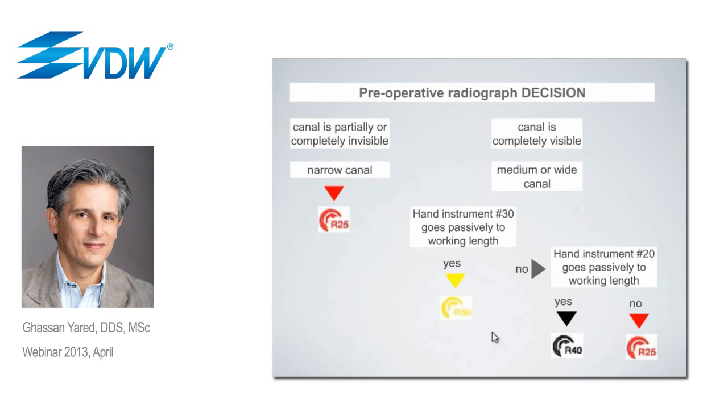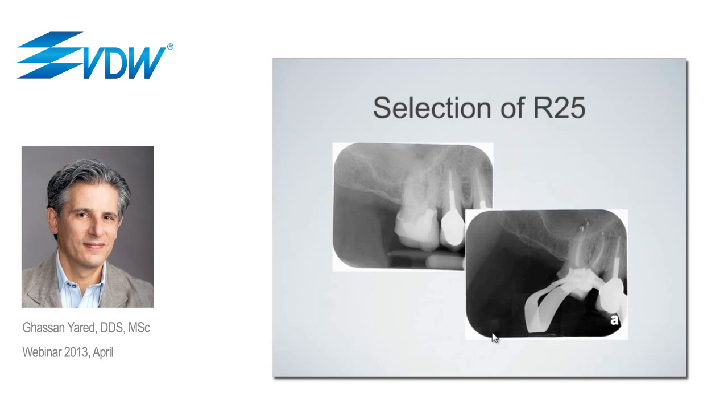These are cases where we would either use an R25, but most probably these are cases where we would actually create a glide path before using the R25. So basically, this is how we choose the instrument that we will use for the canal preparation.